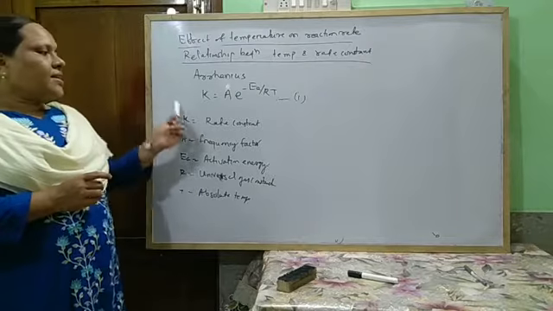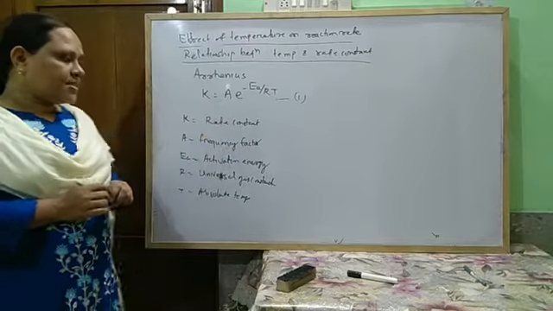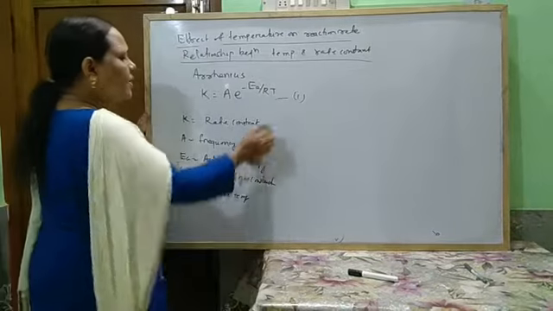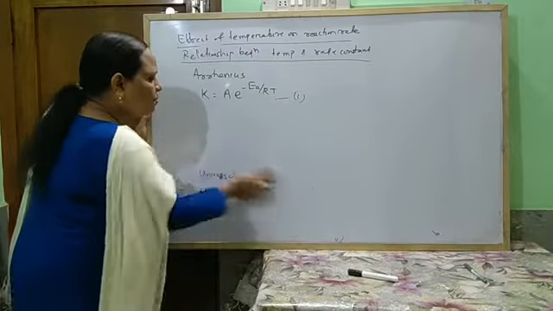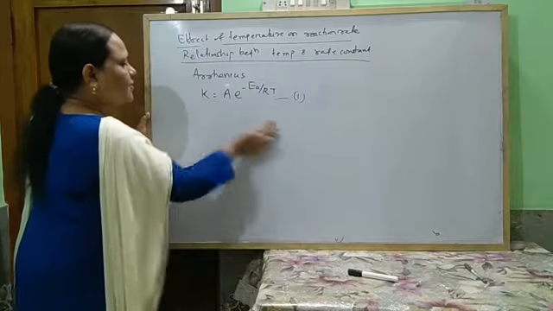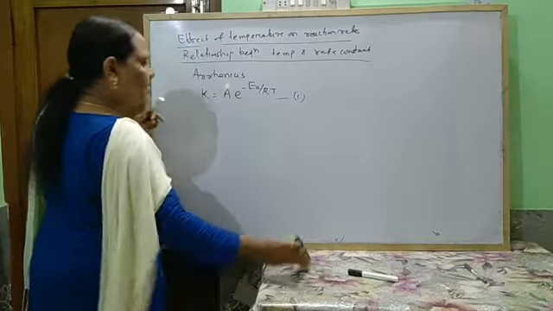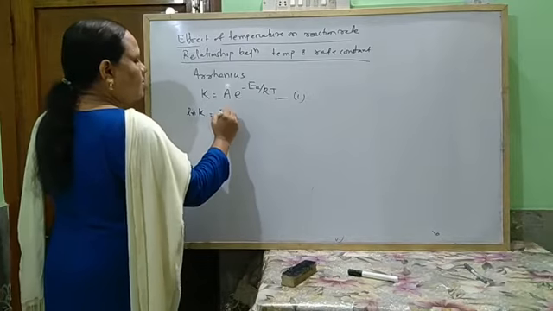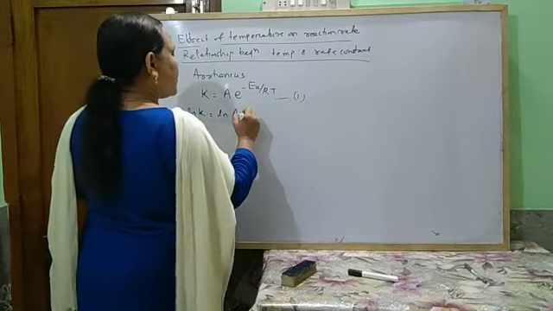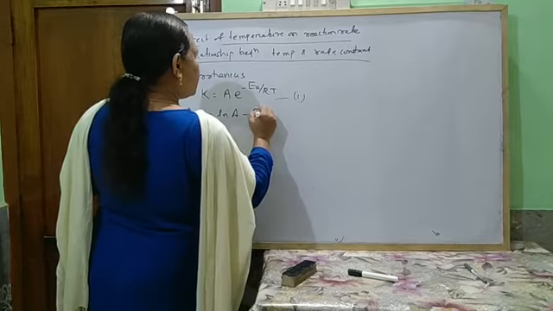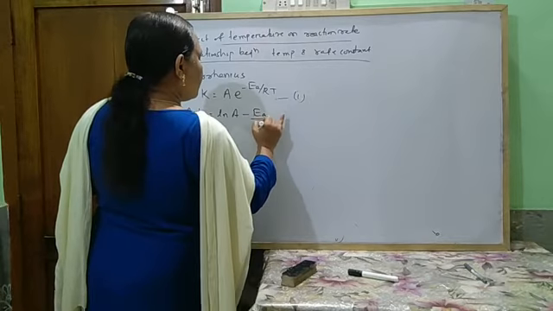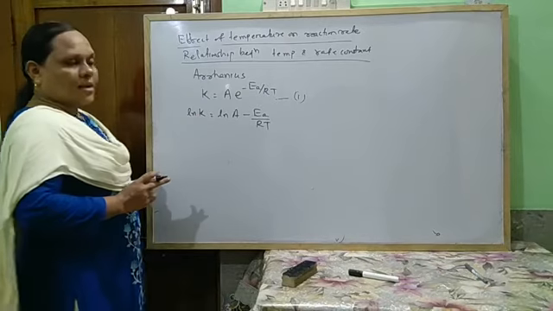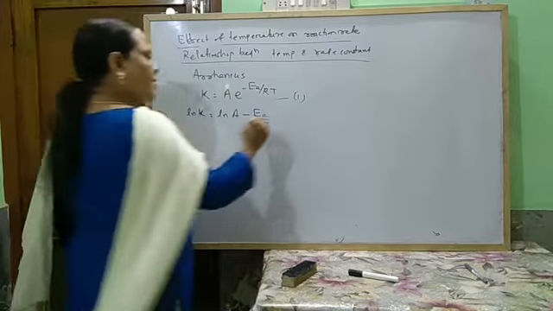Taking logarithm on both sides, we get ln k equal to ln A minus Ea by RT.